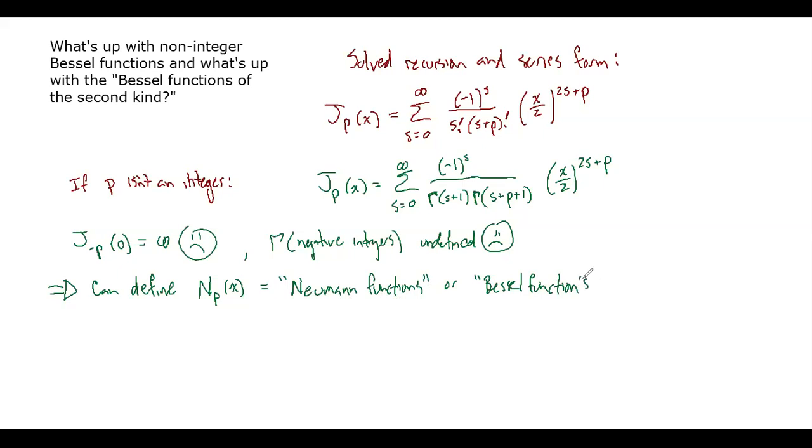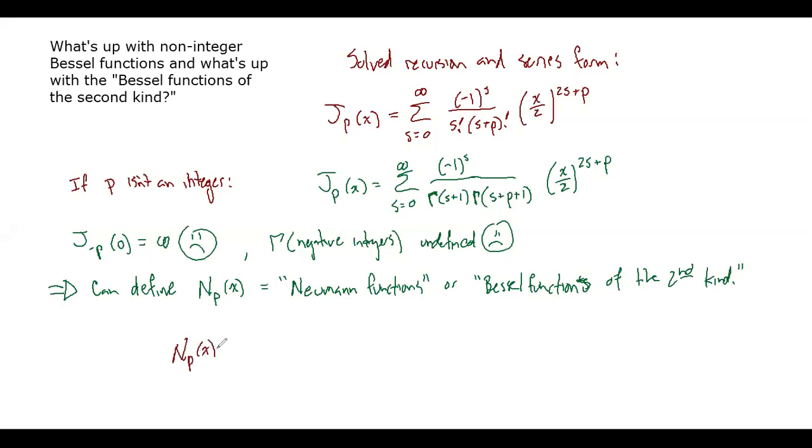So Bessel functions of the second type. And I'll just point out one feature. This is how the blowups in the regular Bessel functions of the first kind are dealt with in the Bessel functions of the second type and how they're defined.